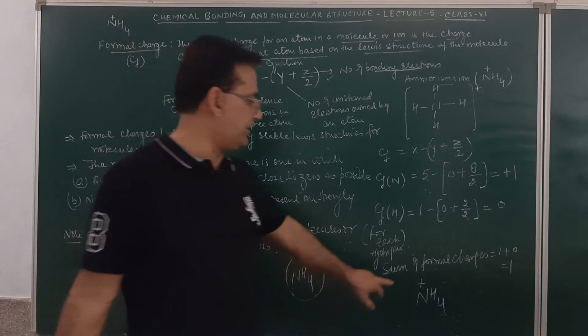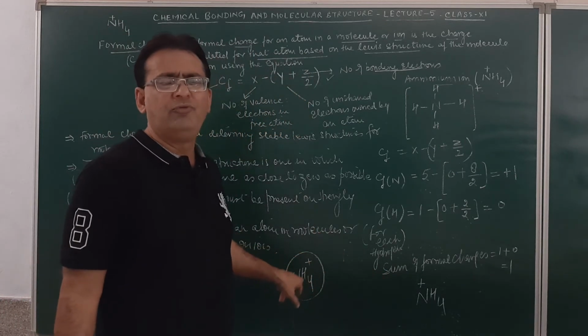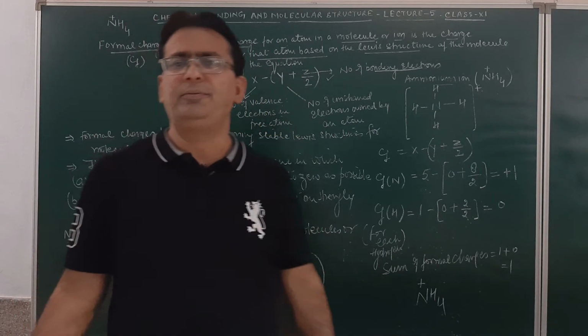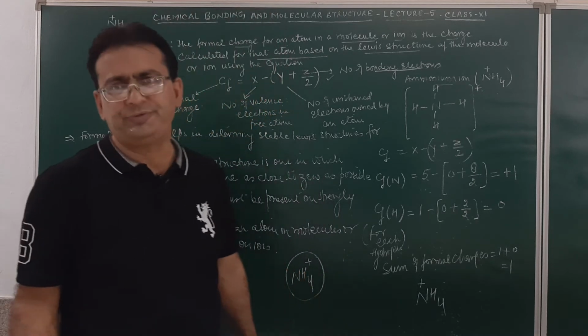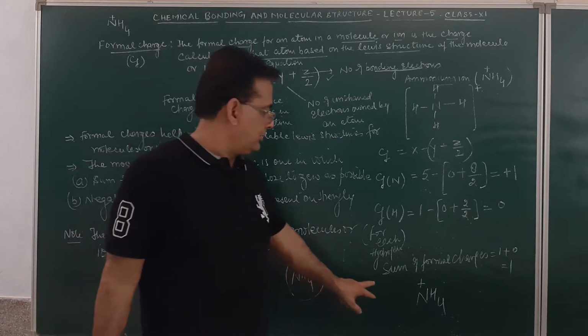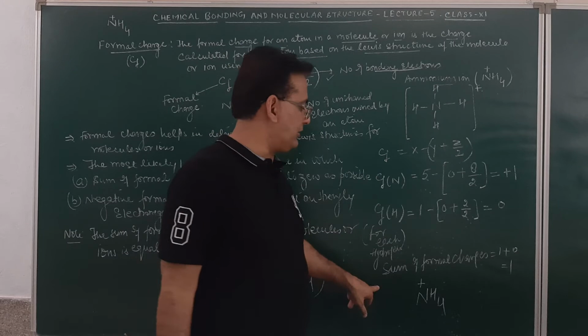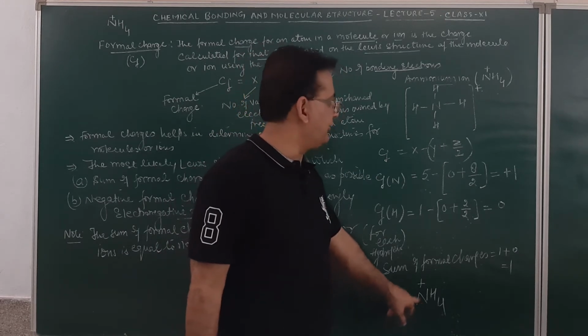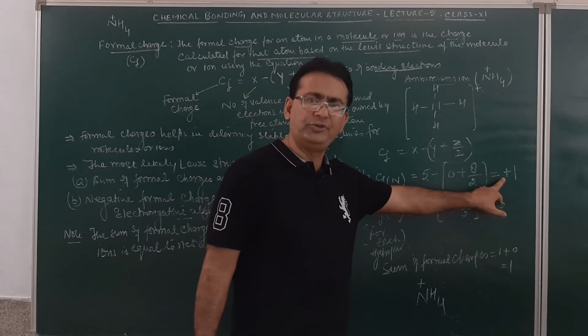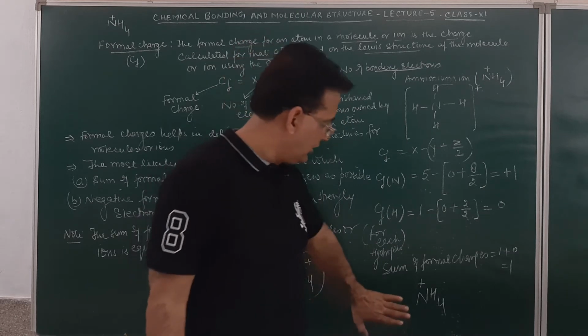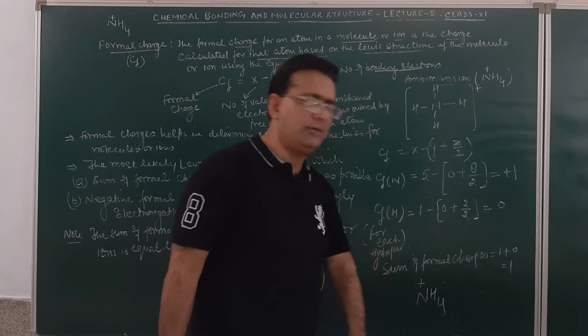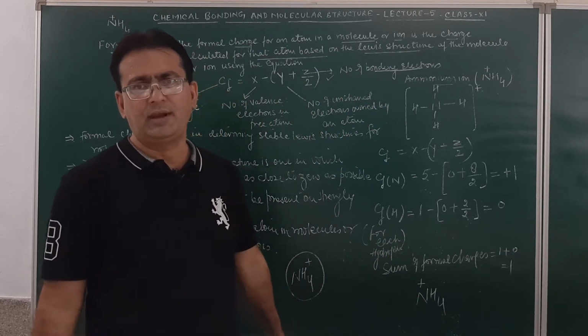So even if you write the positive charge over here, we understand that the net charge on the ion is 1 positive. But very precisely, the positive charge is present on the nitrogen, so this is the correct representation of the ammonium ion. Am I clear, students?